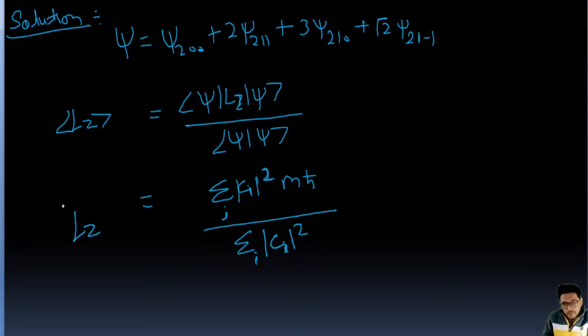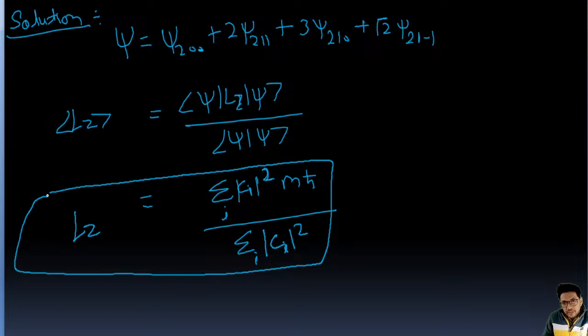This is a very important formula you need to note down, guys, for getting the expectation value of Lz, where Ci is the coefficient of psi NLM. For example, for psi 200 the coefficient is 1, for psi 211 the coefficient is 2. If you know this formula, you can easily solve it.